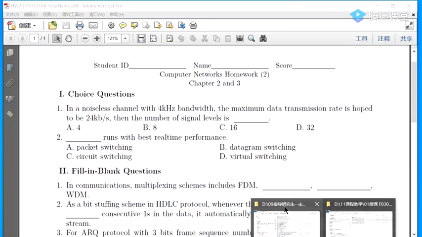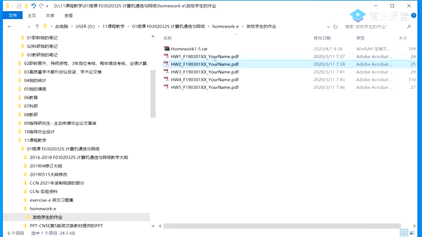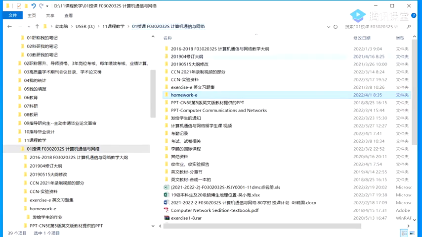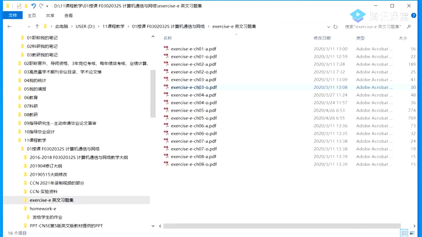I have the files for the homework and exercises. The homework is a subset of the exercises, or the exercises include the homework.